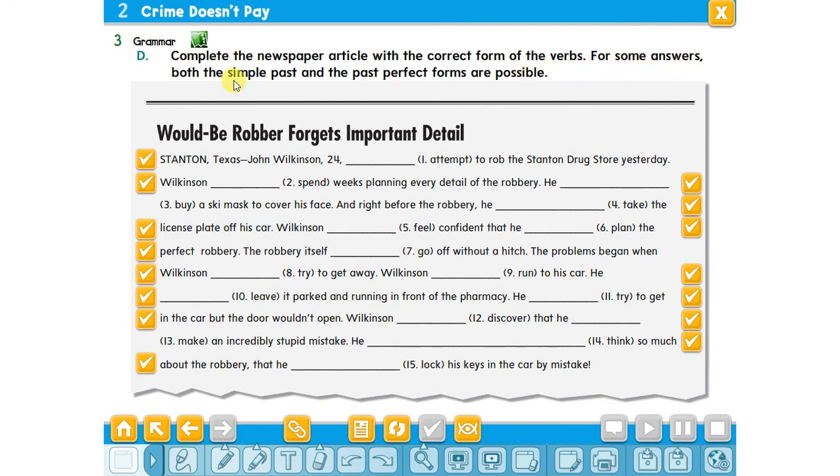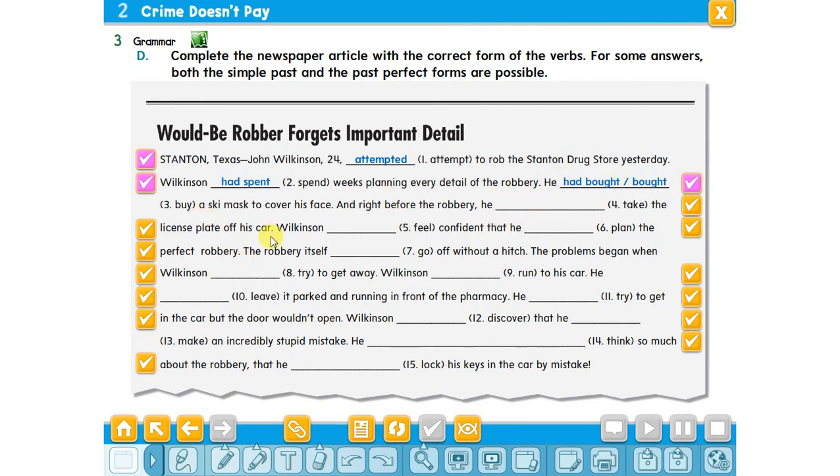In some answers, both the past simple and past perfect are possible. طبعا عندي هنا Stanton, Texas, John Kinston, 24. شو بدي أحط هنا؟ Attempt. شو بدي يصير هنا؟ Attempted. بسرعة. هنا عندي spend، drug store، yesterday، every. شو بدي أقول هنا؟ Had spent. نعم، هنا he had bought أو bought، هنا على الجهتين ممكن.